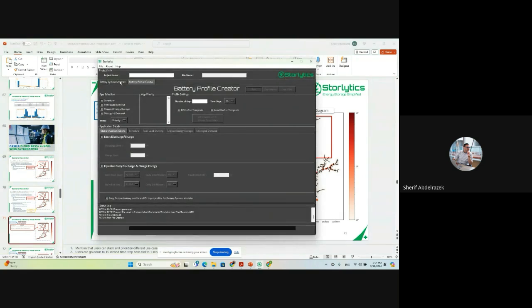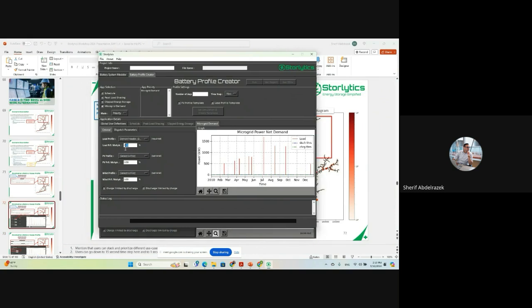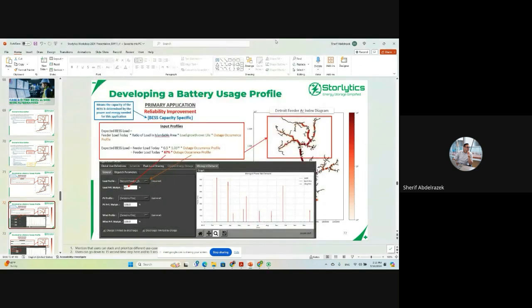So we come here to Sterlytics. We can turn on, for this one, the Microgrid demand app. All right, so here I selected the Detroit feeder. Once you select it, we want to input a load multiplier here, because remember, these are the feeder outage events.